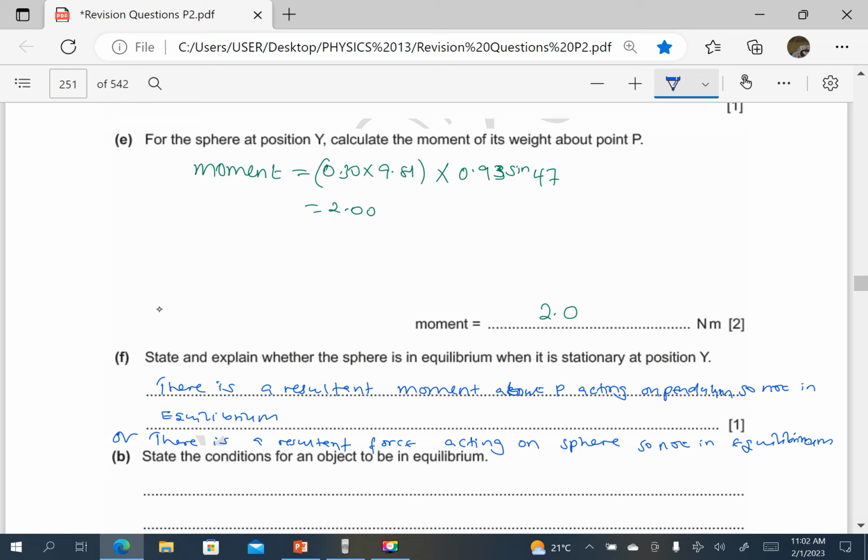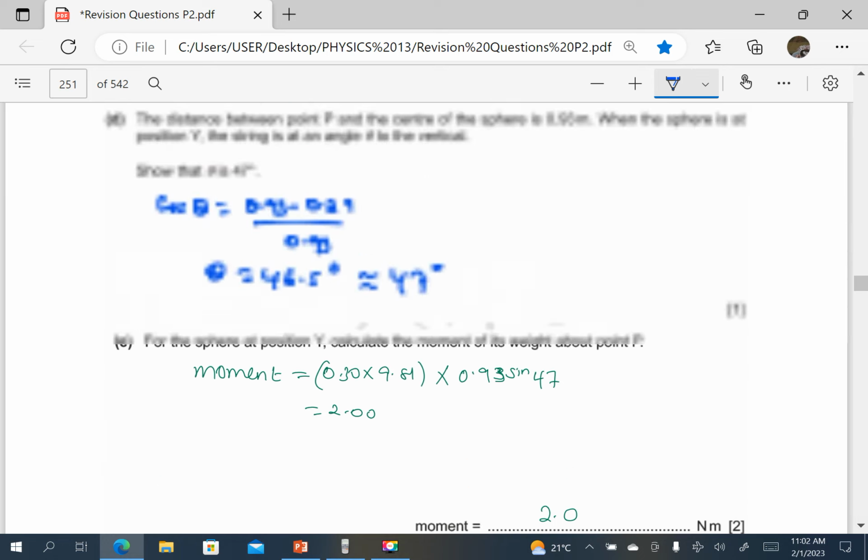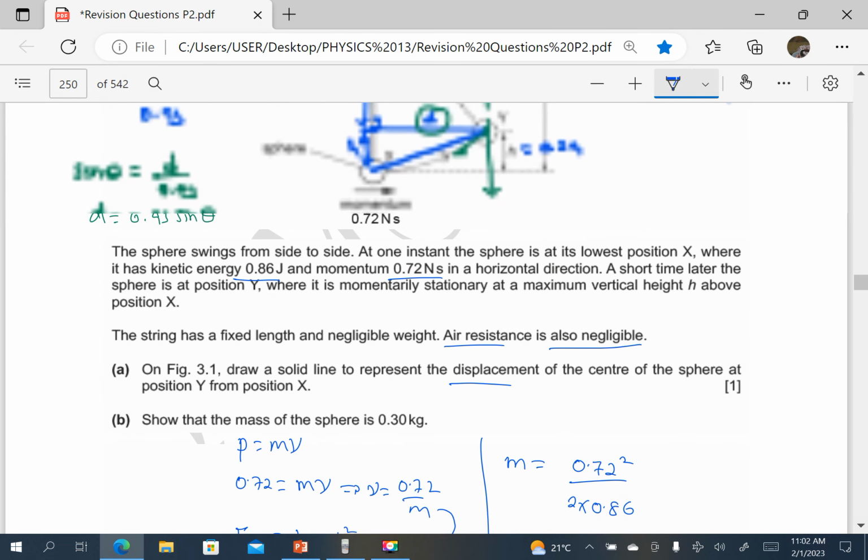Since there is a resultant force acting on the sphere, it will not be in equilibrium. That force tends to push the sphere towards the initial position here, towards position X. That is what we call the restoring force in a unit called simple harmonic motion.